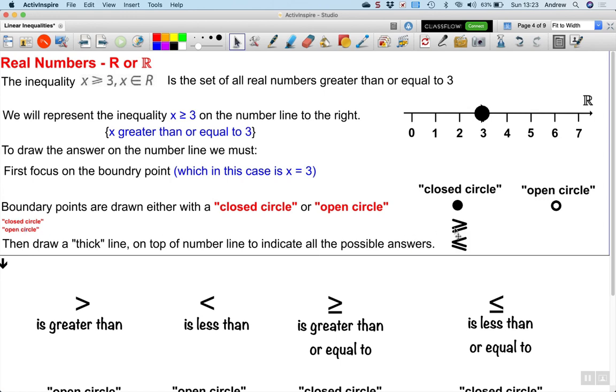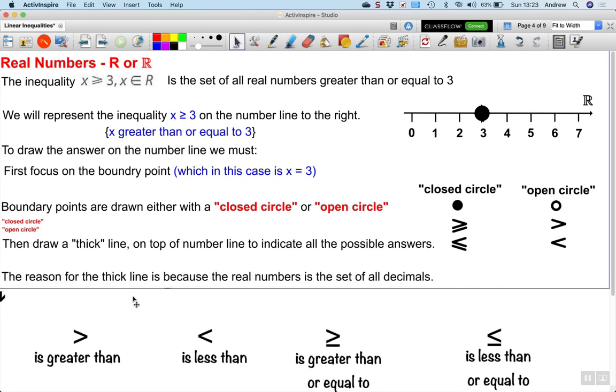Closed circles are associated with the greater than or equal to, or the less than or equal to symbol. The open circle is associated with greater than or less than. So it's very important that when you have the possibility of equals, you use the filled in circle, the closed circle. When you haven't got the equal to option, then you draw an open circle.